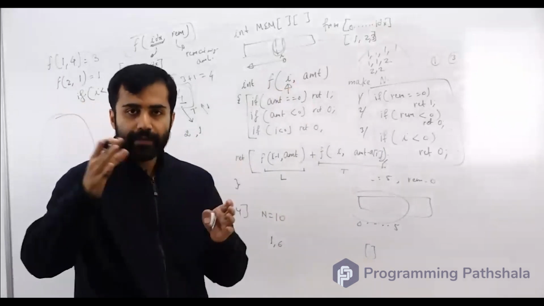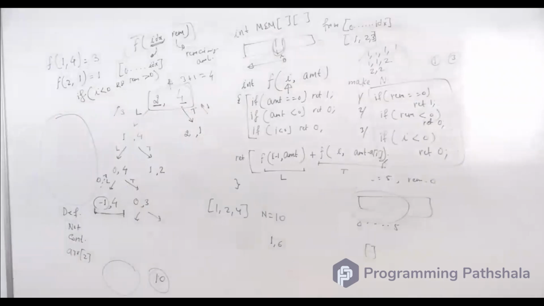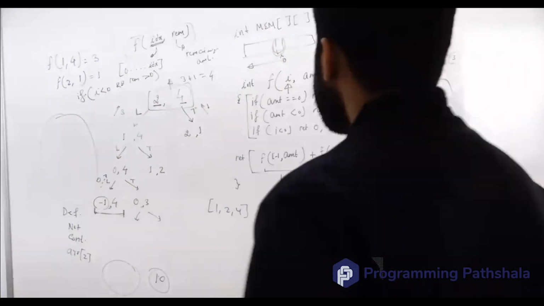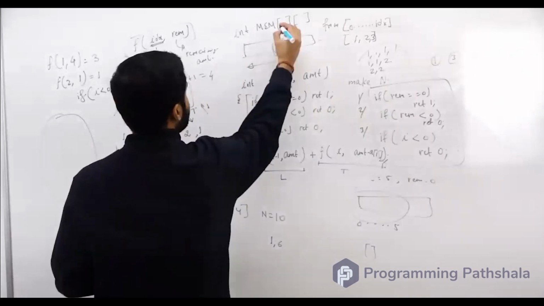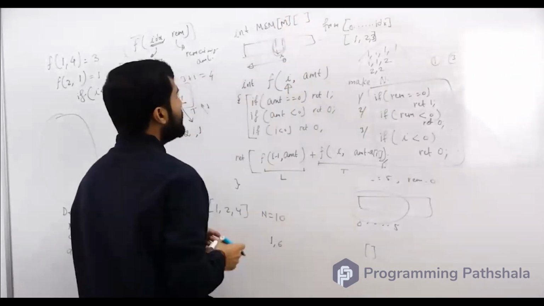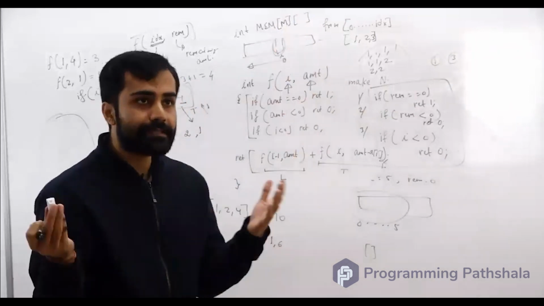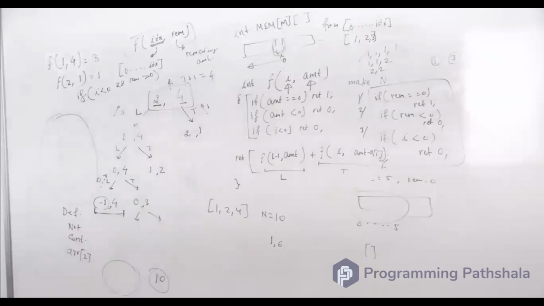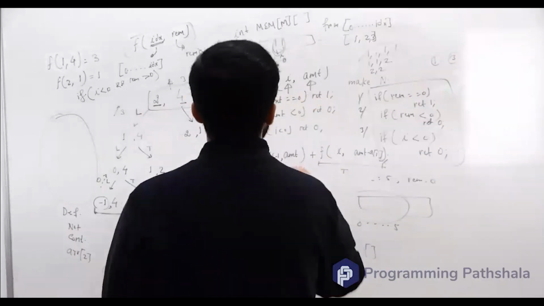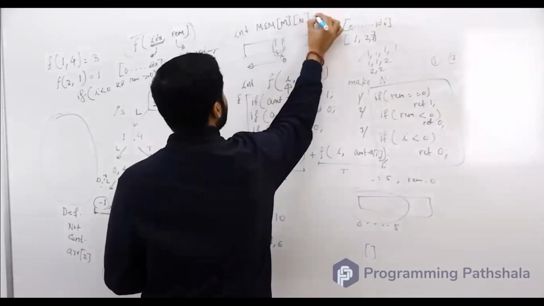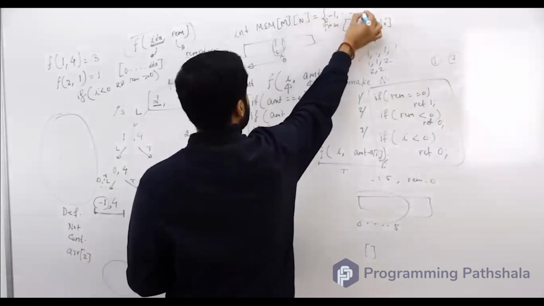Index, from where to where does index vary? Index will vary from 0 to m-1, where m is the size of our input array. So the first dimension will be of size m. And the second dimension is for amount. What is the maximum value of amount? It is n. And then over the function calls, it goes on reducing. So you need an m cross n array, and you can initialize it to -1 or something.